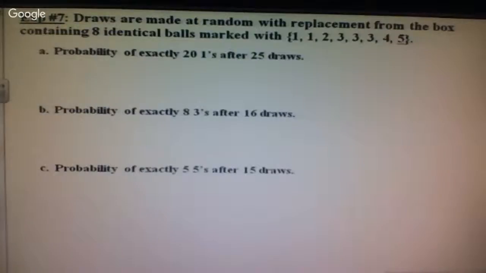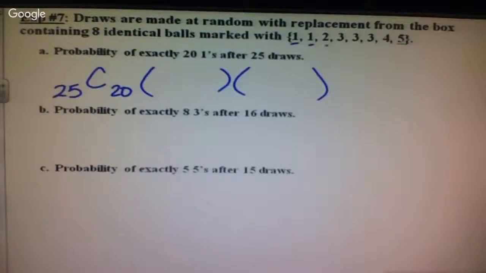All right. So, example 7. It says I'm doing 25 draws and I want exactly 21s. So this one should start 25C20. In the first set of parentheses, I want the probability of getting a 1. Well, I have 1, 2, 3, 4, 5, 6, 7, 8 total things going on.